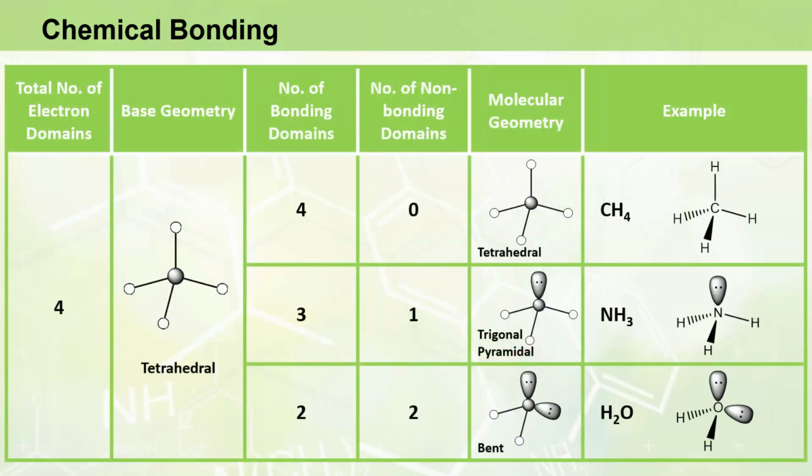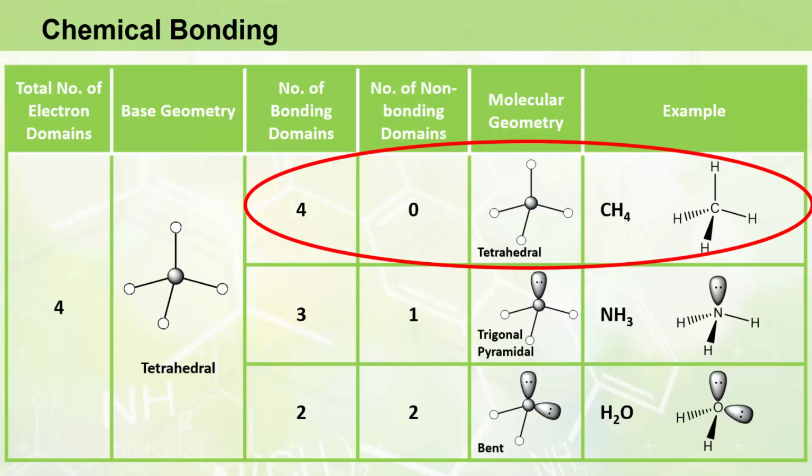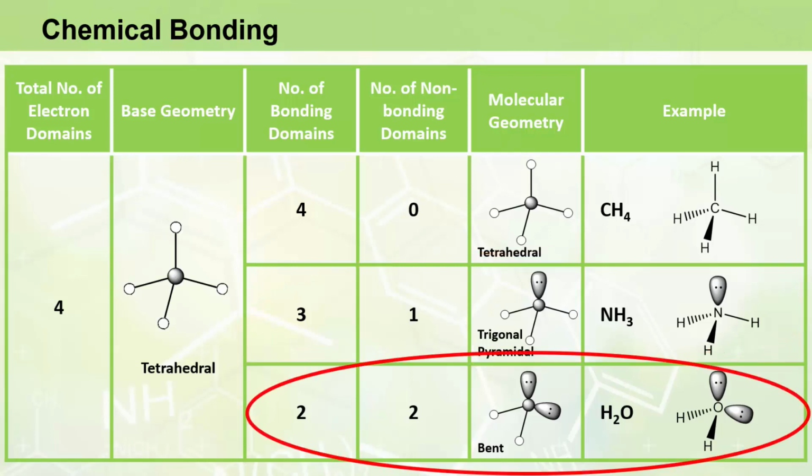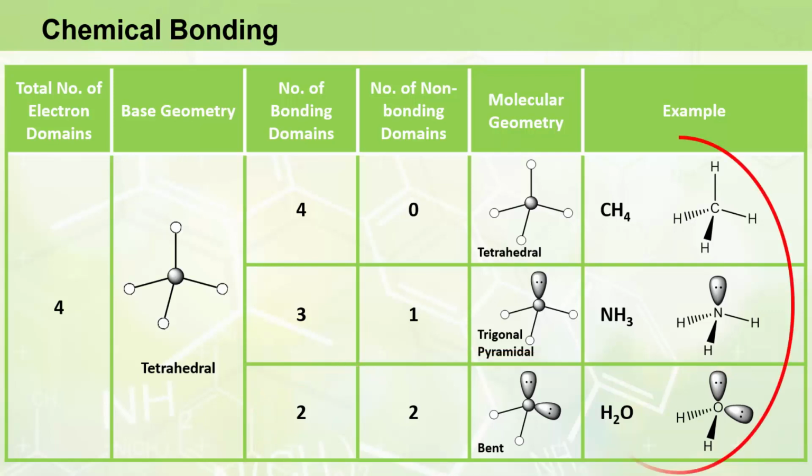In the case of molecular structures with a total of 4 electron domains around the central atom, the molecular geometry can take on 3 possible shapes: tetrahedral, when all 4 are bonding domains; trigonal pyramidal, when there are 3 bonding domains and 1 non-bonding domain; and bent, when there are 2 bonding domains and 2 non-bonding domains. The common examples shown for these 3 geometries are methane, CH4, ammonia, NH3, and water, H2O.